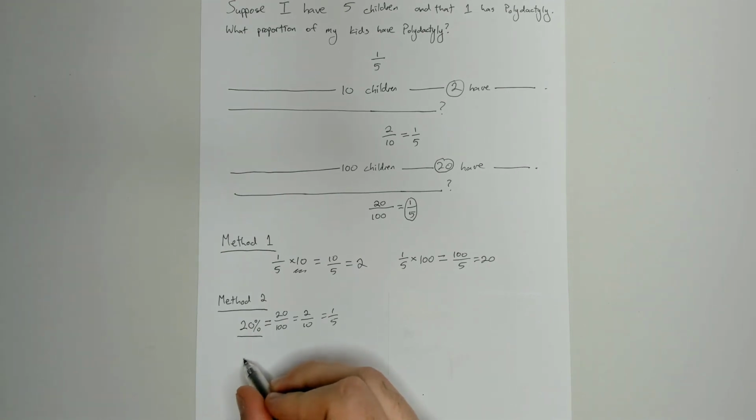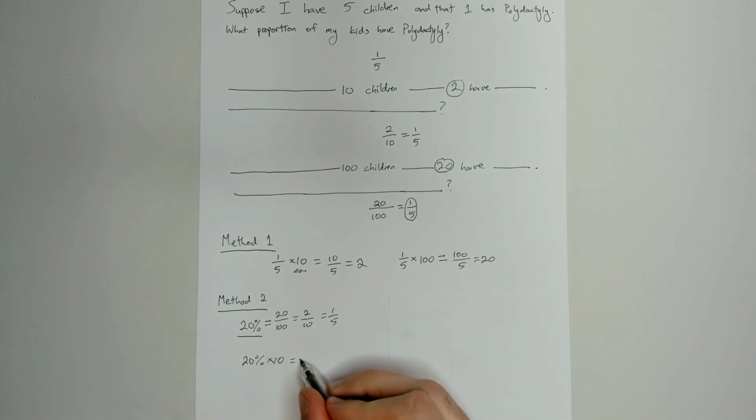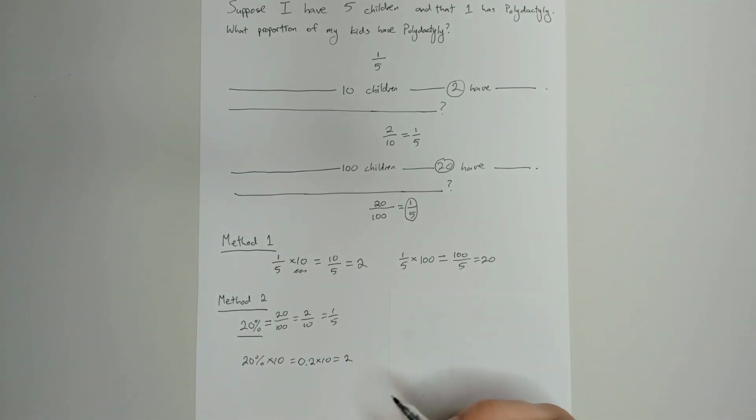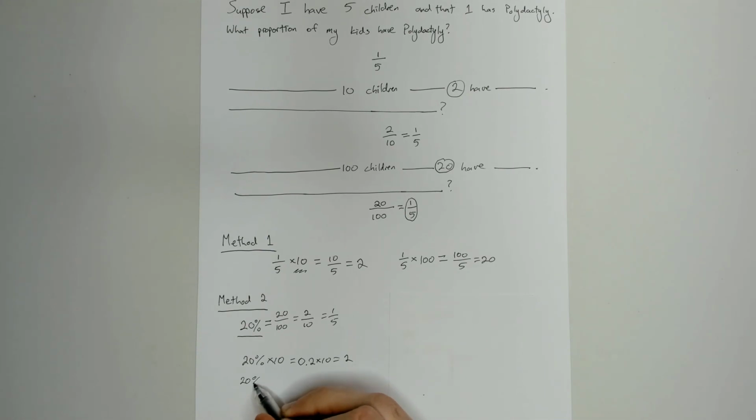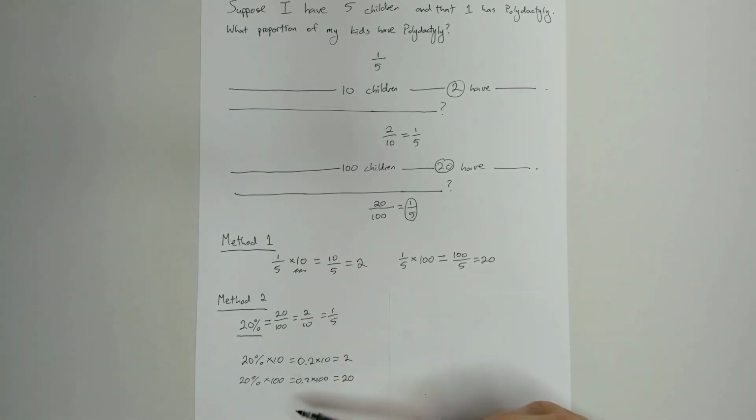We could do 20% times 10, which is the same as 0.2 times 10, which is just 2, or we could apply it to the 100, which is 0.2 times 100, and sliding the decimal to the right by 2, we get 20. So we can still apply the percent just like we did the proportion of 1/5.